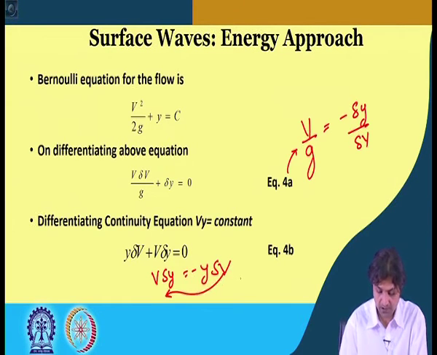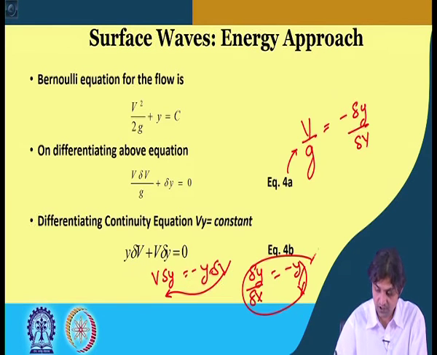If we bring this down, it becomes delta y by delta v is equal to minus y by v, and we put this one here.